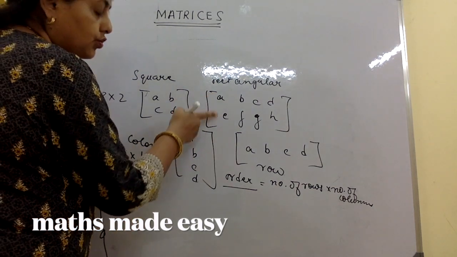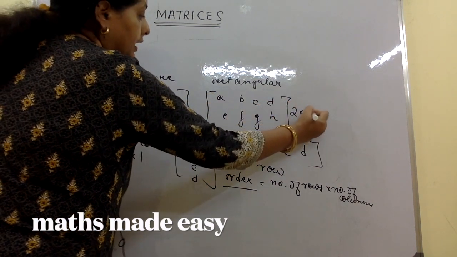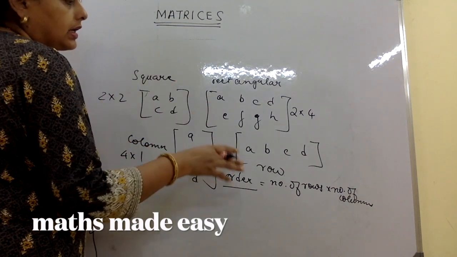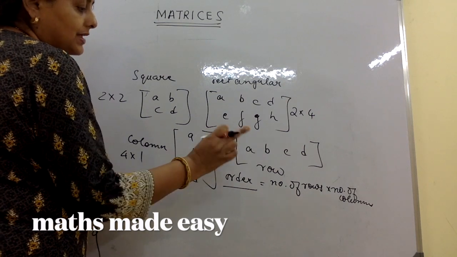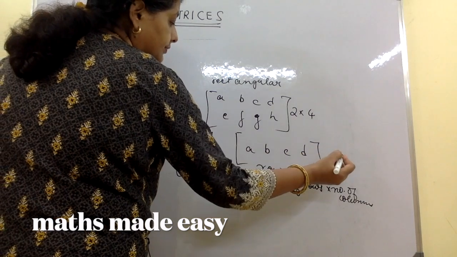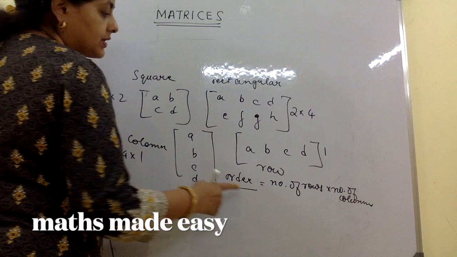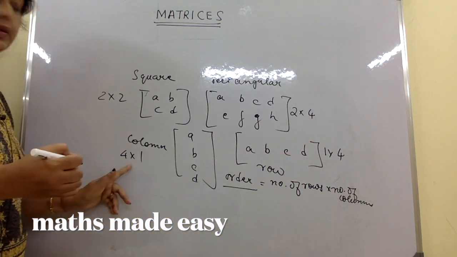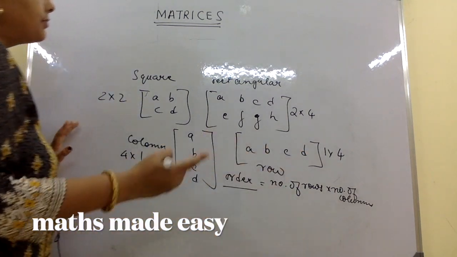For this, the number of rows is 2 and the number of columns is 4, so it is 2 by 4. Here the number of rows is 1 and the number of columns is 4. So note here, rows first, column next. This becomes a 1 by 4 matrix.